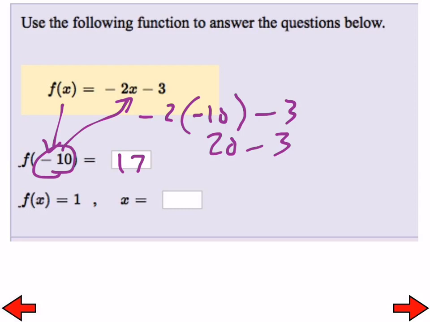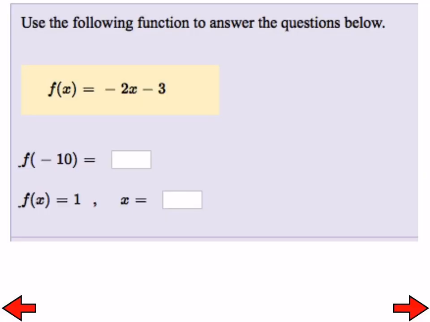But now let's go to the second part. Here's what I want you to do. I want you to have a very quick conversation with your shoulder partner about what you think we might have to do in this scenario. And this scenario is, if f of x equals 1, what is x? Have a quick conversation with your shoulder partner. Any ideas on what to do?